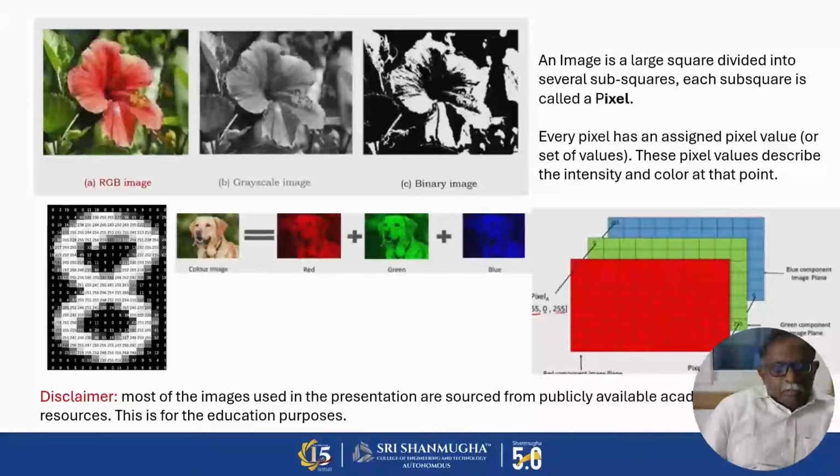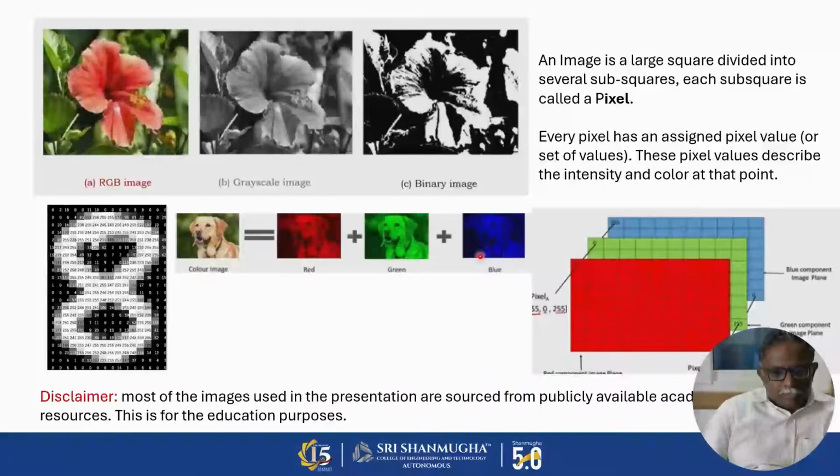If you look at this grayscale image, the corner ones are going to be 0, and the white ones are around 255.